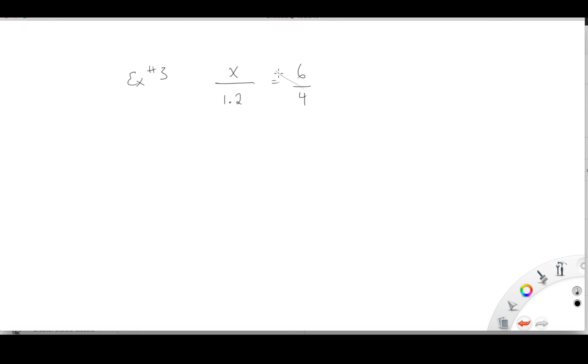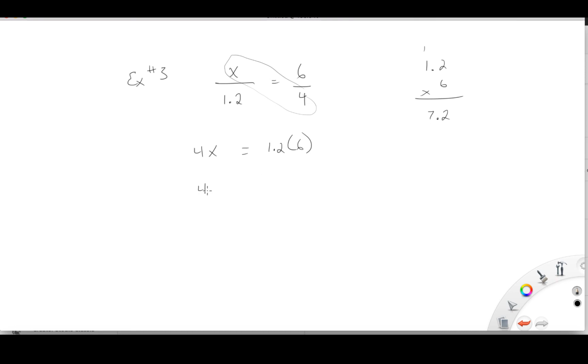We're going to cross multiply, and we're going to say 4x equals 1.2 times 6. Now let's multiply 1.2 by 6 and come up with the answer there. We know 6 times 2 is 12, and then that is going to be 7.2.